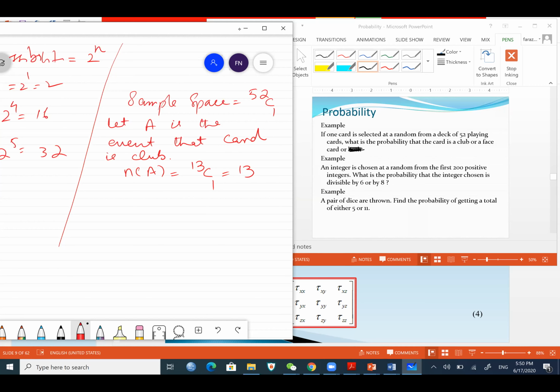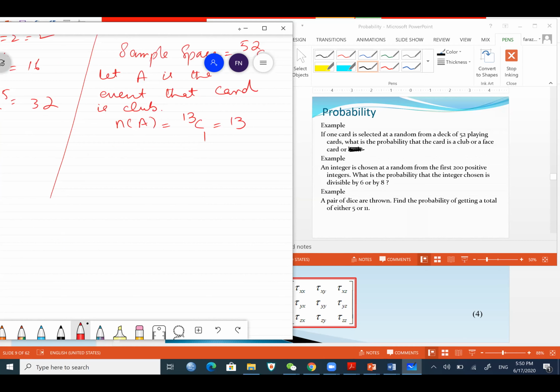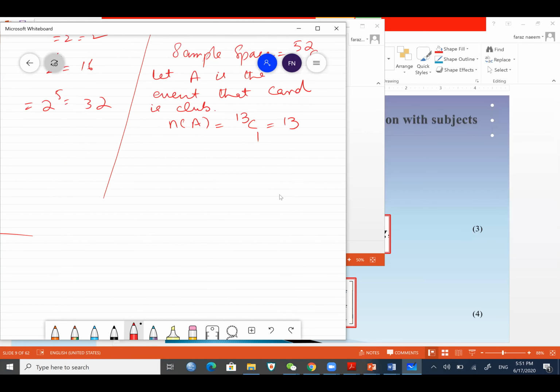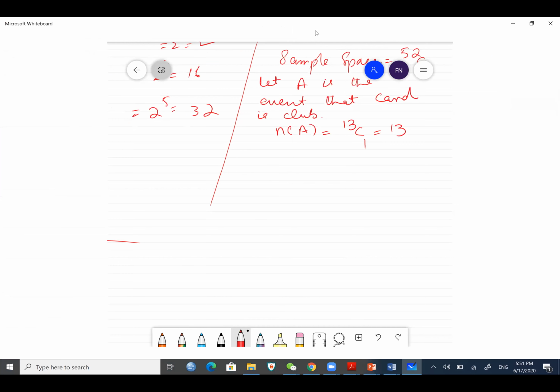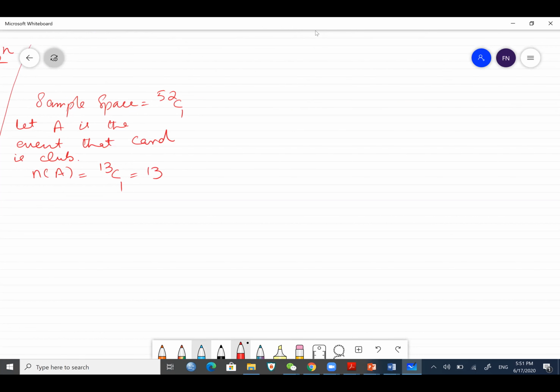And the next is or a face card. What is a face card? King, queen and jack. Wouldn't it be 10 for club? No. In club there are 13 in total.